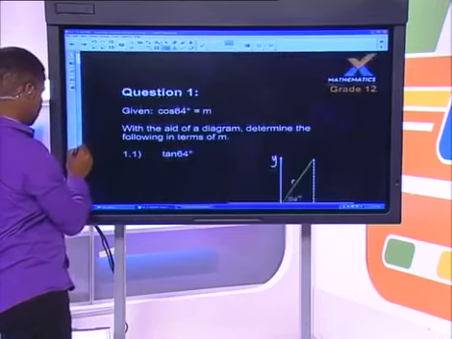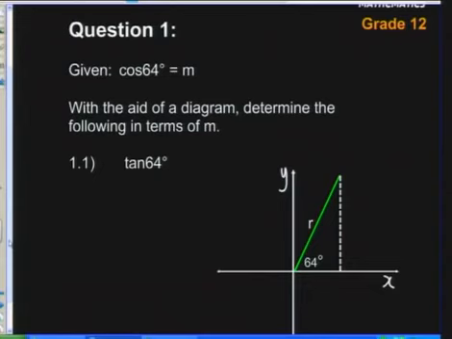My first problem. I have cos 64 is equal to m over 1. Why do I draw this in the first quadrant? Because 64 is in the first quadrant. We have 0, we're rotating that way. We have 0 there and 90 there. So 64 falls in the first quadrant. What is cos?